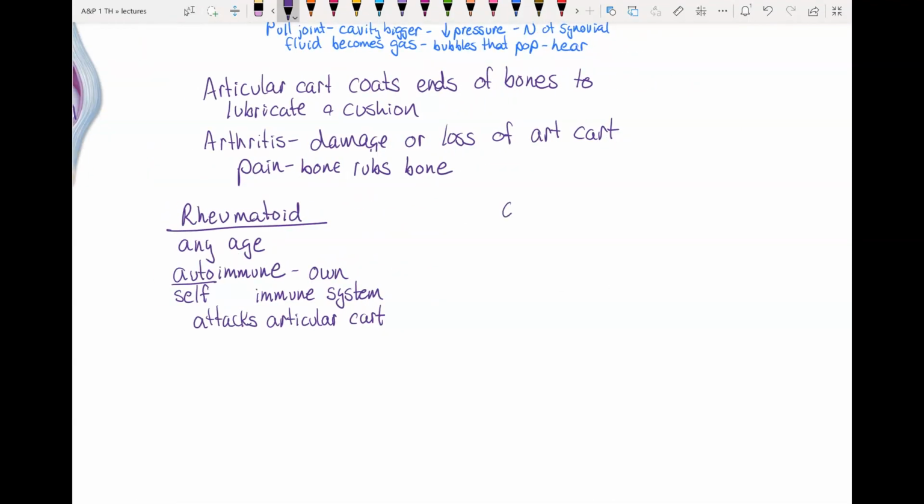The other type is osteoarthritis. This is where your articular cartilage wears out as you get older. So this is the one that we associate with older people.